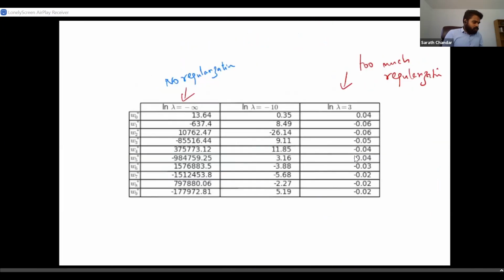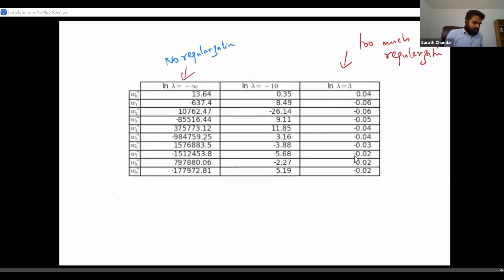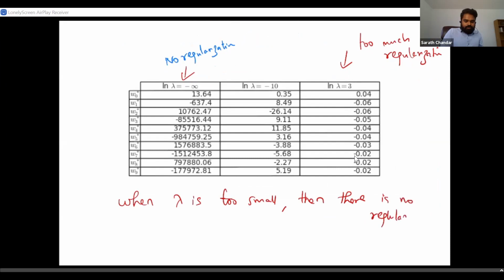So when lambda is too small, or 0, there is no regularization. But when lambda is too high, then you have too much regularization.